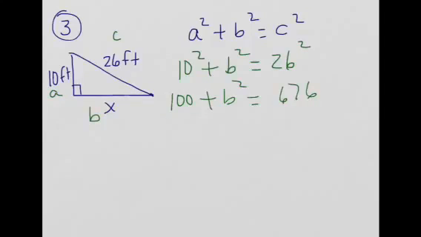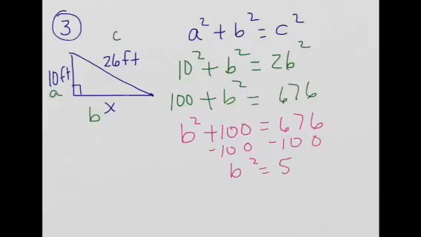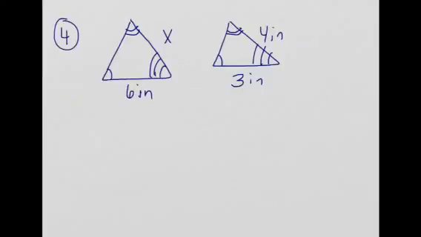Is it first? No. So we're going to go ahead and do commutative property. Is it by itself? It's not, so we're going to zero pair out. So B squared is equal to 576, square root, and we have B is equal to 24 feet.